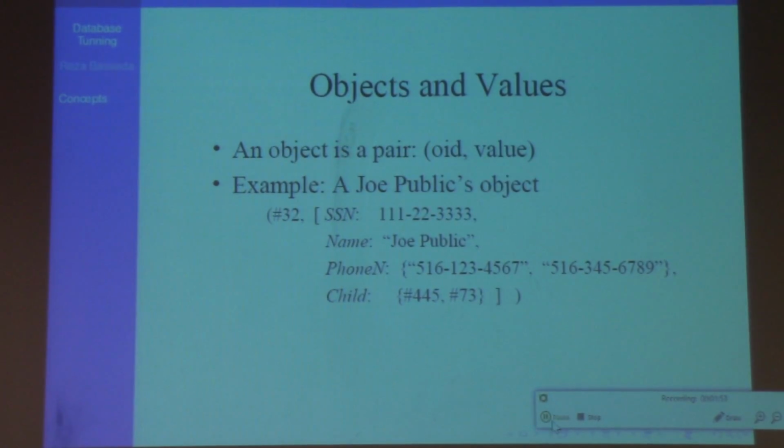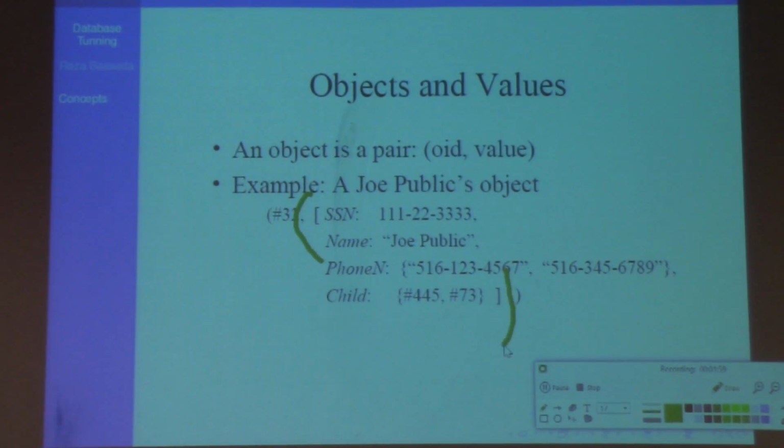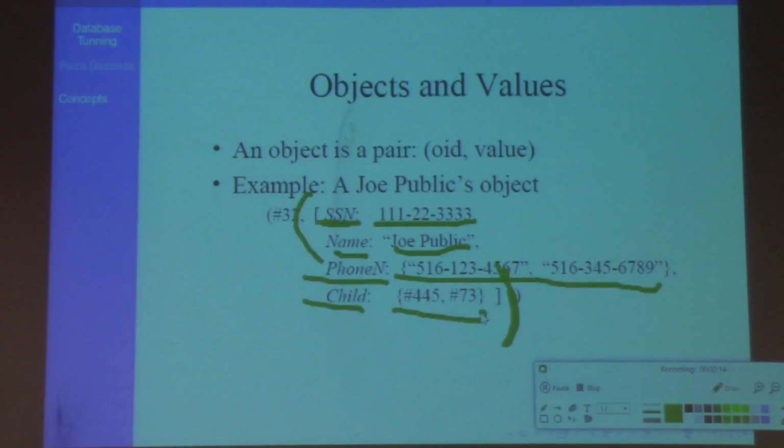This object is a type of tuple, right? It is a set of name-value pairs. Name, value. Name, value. Name, value. Okay?